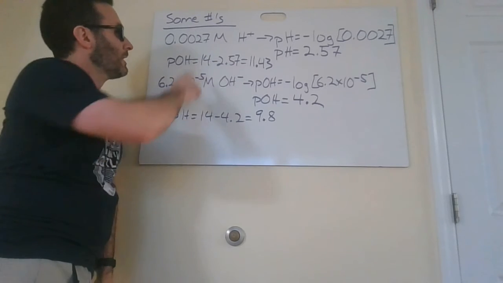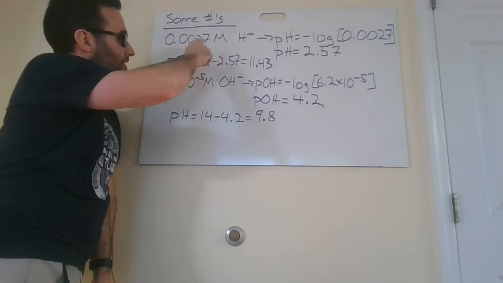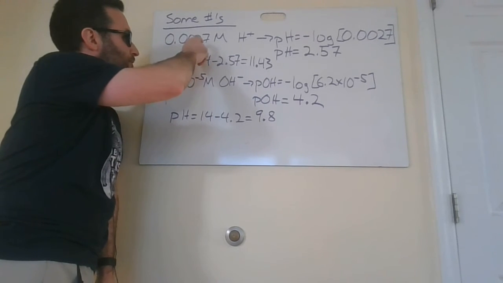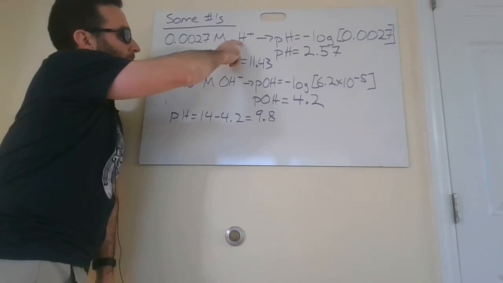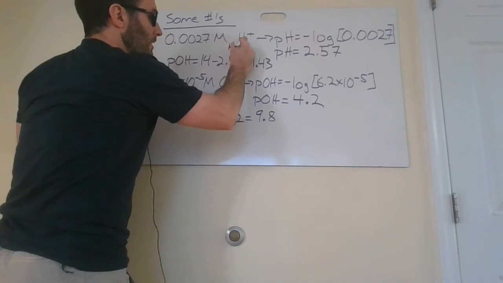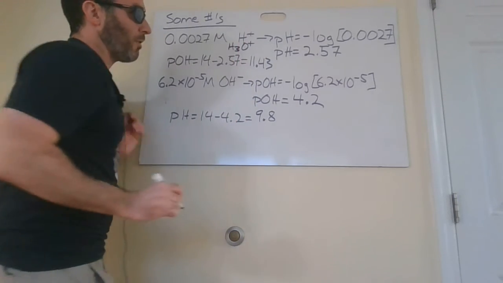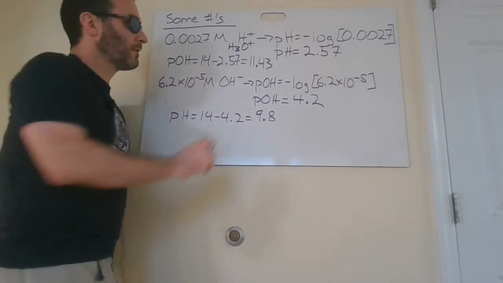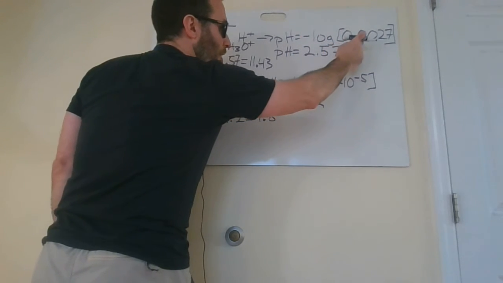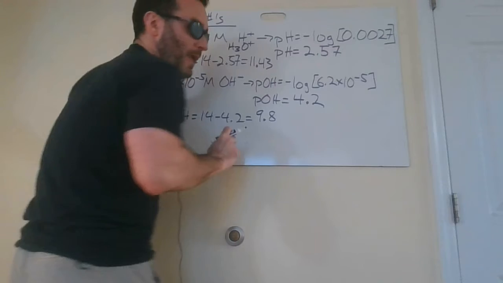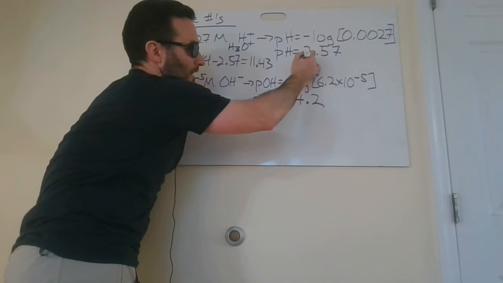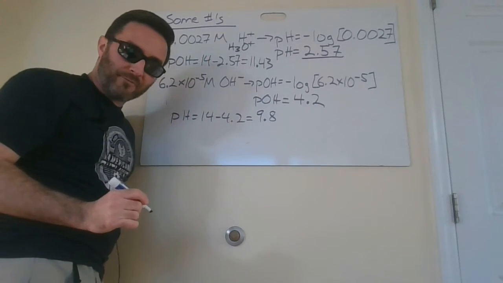So if you've got, for instance, 0.0027 molar concentration of H+ or H3O+, it's the same thing. Put in your calculator negative log 0.0027, and that will give you the pH of that solution. And that number is 2.57.